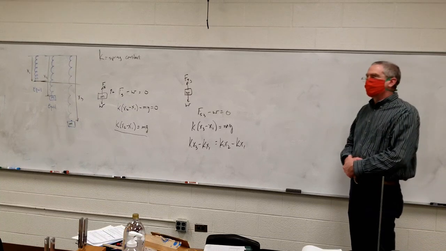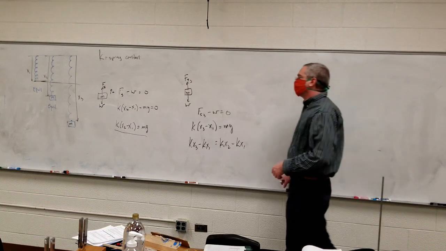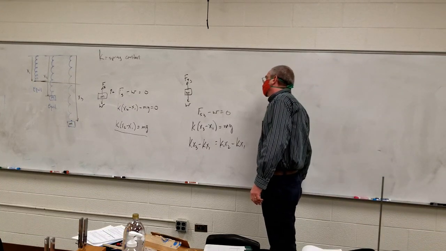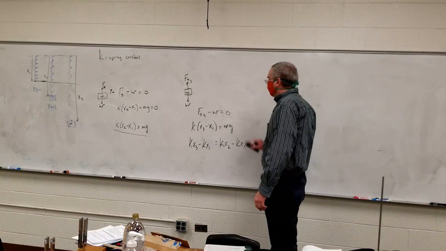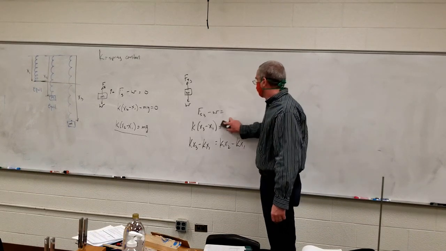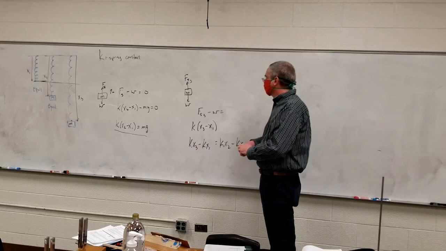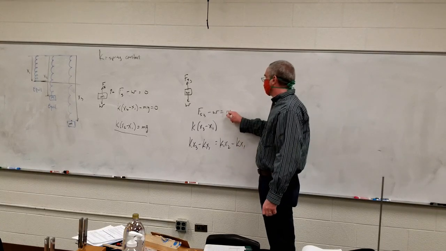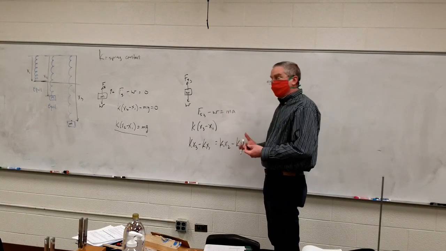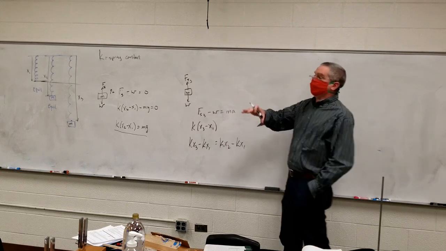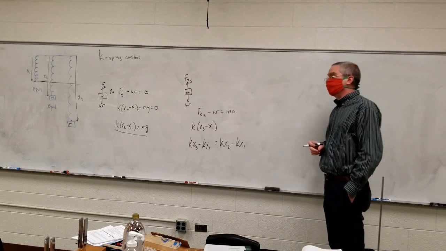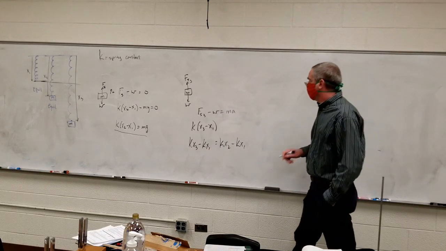Oh, since it's moving, the spring force shouldn't equal the weight there, right? Yep. It's equal to mass times acceleration. It's not the fact that it's moving, it's the fact that it's not in equilibrium. That's the main thing.